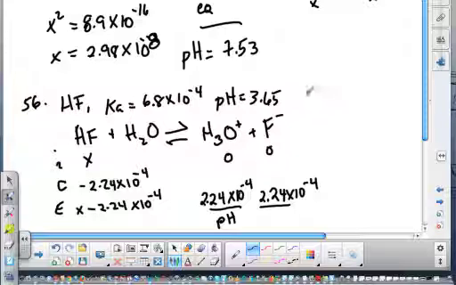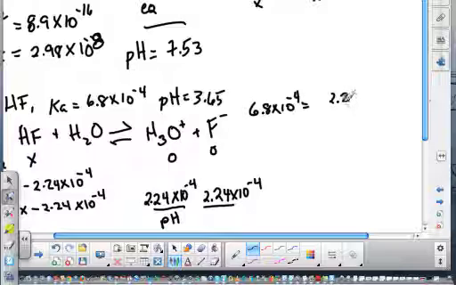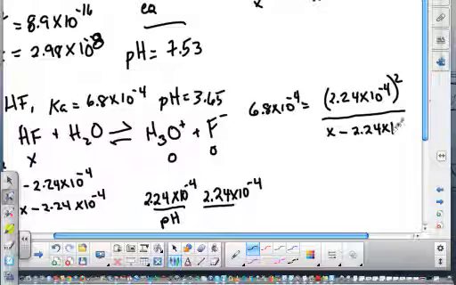It won't be complicated. So you've got 6.8 times 10 to the minus 4 is equal to 2.24 times 10 to the minus 4 squared divided by x minus 2.24 times 10 to the minus 4.